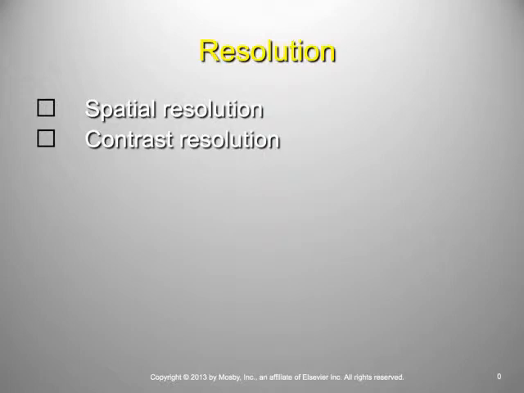But spatial resolution is going to increase as we decrease things like motion blur or any kind of problems with the geometry, blur related to focal spot size and things like that.